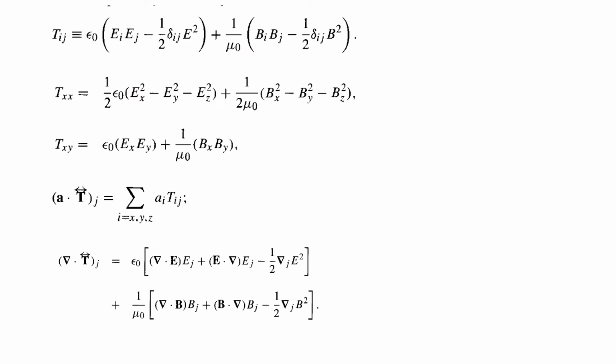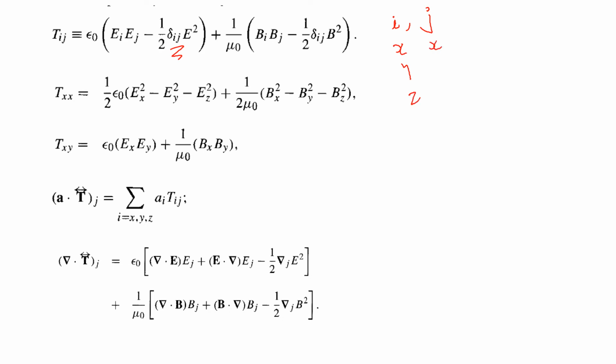So we know the Maxwell stress tensor T_ij. Delta_ij has value 1 when i and j are the same, the coordinates are the same, and a 0 value for all other entries, that is i not equal to j. So what are i and j? i and j can be x, y and z.